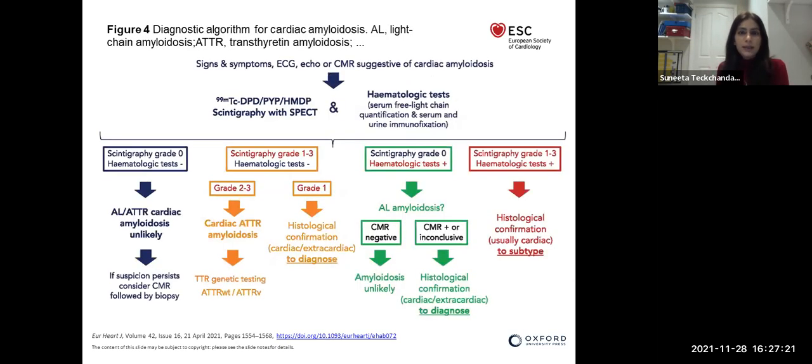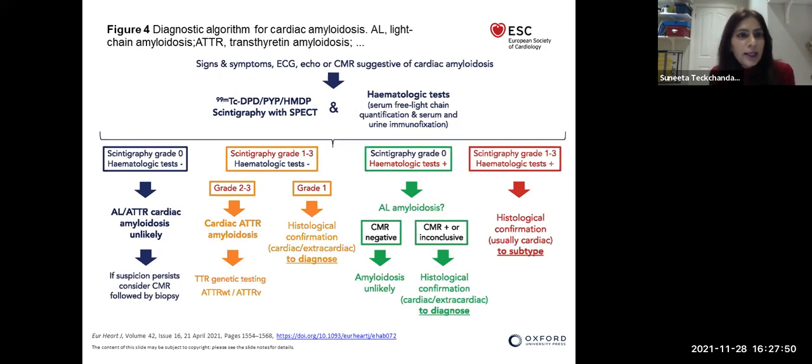Next slide, please. And this is more or less the diagnostic algorithm, where you have signs and symptoms, ECG, echo features, echo or CMR suggestive of cardiac amyloid. Then you have to do the hematological testing in these patients: serum-free light chains, urine immunofixation. And you're doing your bisphosphonate scintigraphy testing with SPECT if possible, because SPECT makes it more specific.